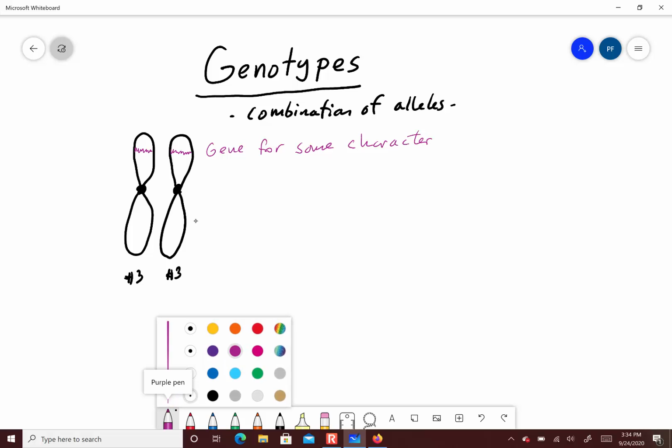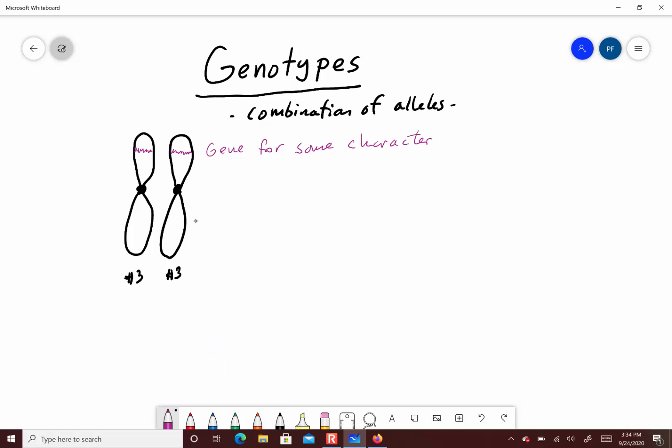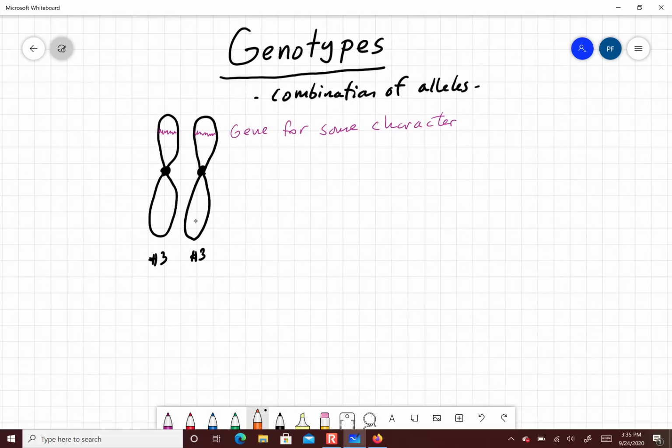It doesn't really matter what the character is. We've been using things like flower color, eye color, hair color. It can be any of those things. But the homologous chromosomes, each of them must have a gene for that character. And then with the genotypes, what we're looking at is the combination.